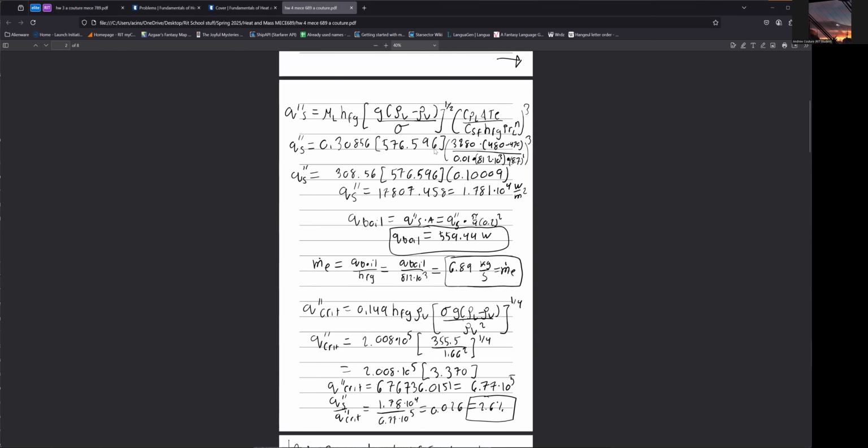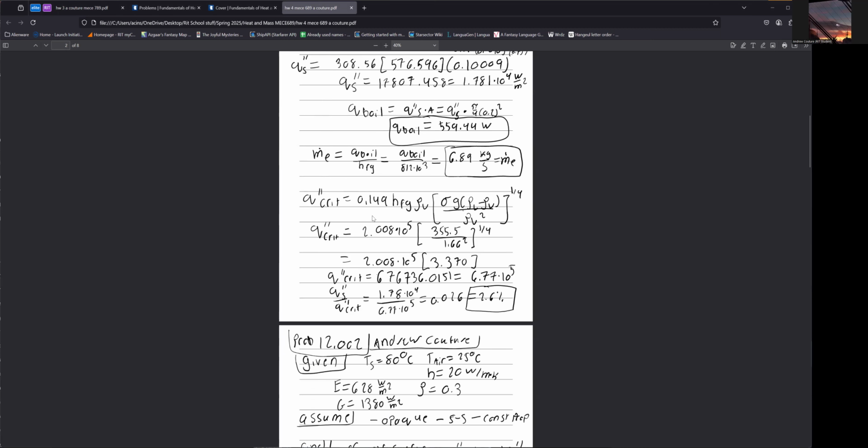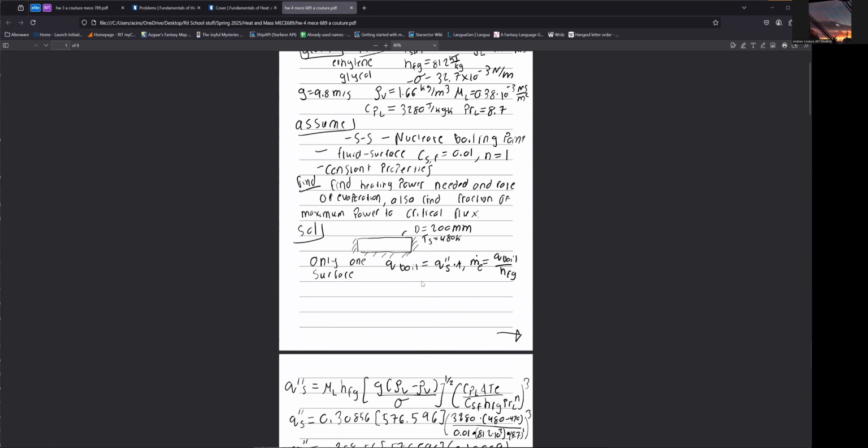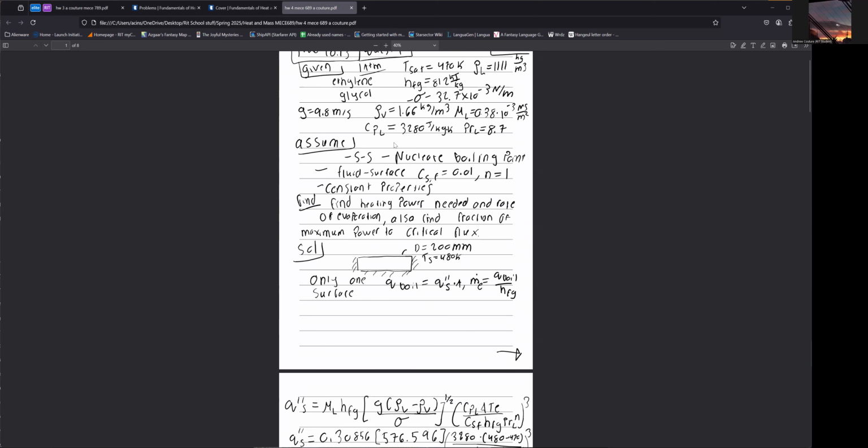It's in a sense a more simplified version of this equation for the surface flux. Not much to really say about it. Run through plugging in the numbers, and then you get the critical heat flux at 6.77 times 10 to the fifth. And then when you divide the surface heat flux by the critical heat flux, you get 0.026, which is 2.6%. All right. Hopefully that was helpful.